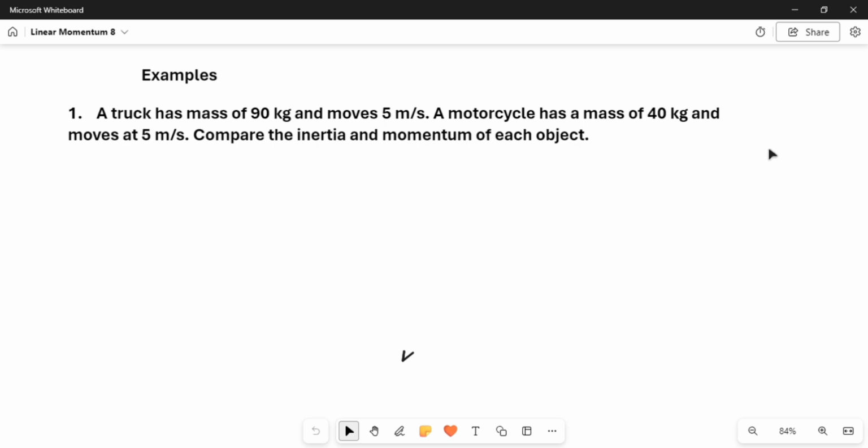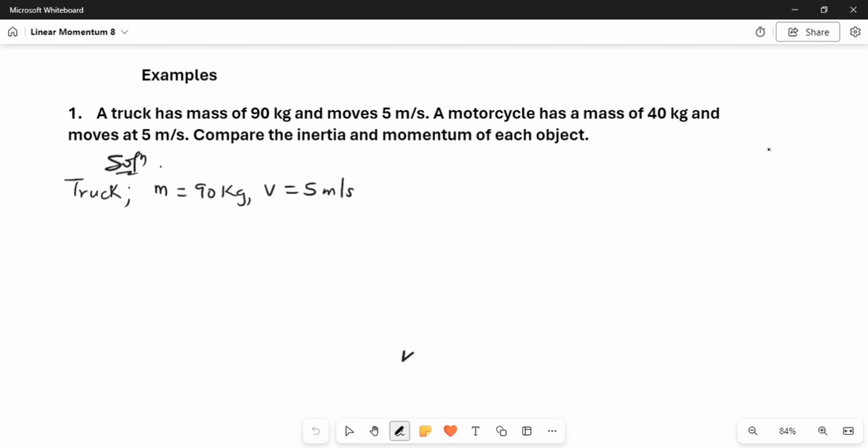We are asked to compare the inertia and momentum of each object. For the truck, so our solution for the truck, we know that M is 90 kg, V is 5 meters per second.